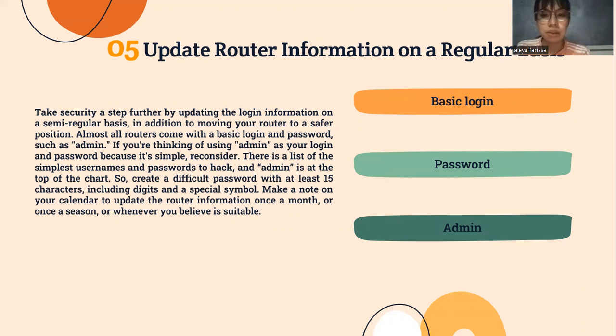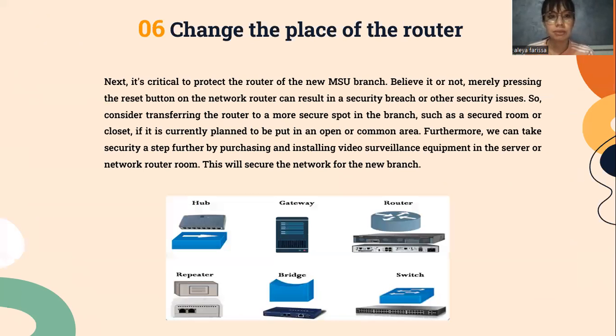So for example, basic login password admin. So create a difficult password with at least 15 characters including digits and special symbols. Make a note on your calendar to update the router information once a month or once a season or whenever you believe is suitable. Next slide.